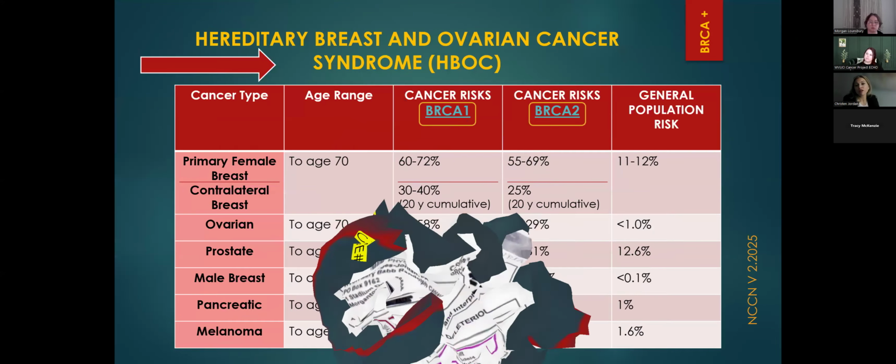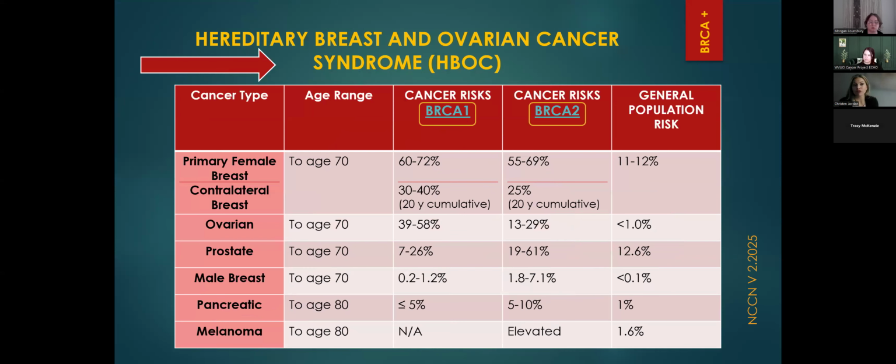And so what are the cancer risks associated with the BRCA gene, or what we can refer to as hereditary breast ovarian cancer syndrome? Very high risk of breast cancer, more than a 70% chance that a woman will develop breast cancer if she has either one of those genes. Obviously, if she survives first breast cancer, there is very high risk of getting breast cancer in the contralateral breast. Ovarian cancer risk is incredibly high, particularly with BRCA1.